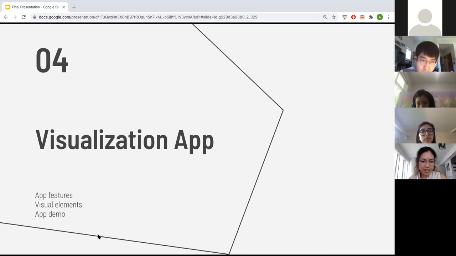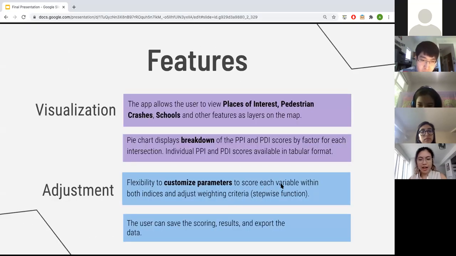Some features I'd like to introduce to you in our Shiny app before we dive into our demo are two things. The first is the ability to visualize many places of interest, crashes, and schools on the layers of the map, so that when you zoom into an intersection, you are able to contextualize it and see what is around that intersection that may have caused a high or low score.